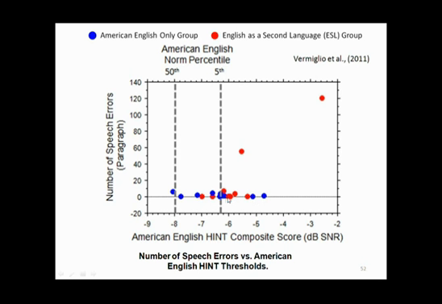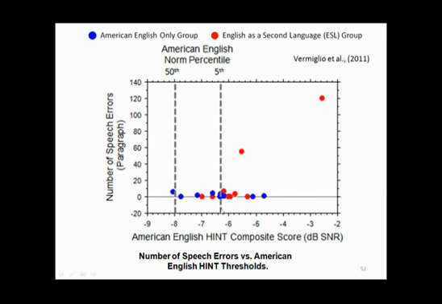So what's really, really interesting about this study is that we have individuals who had no discernible accent when you look at their speech errors, but yet their speech recognition in noise ability was below normal limits.